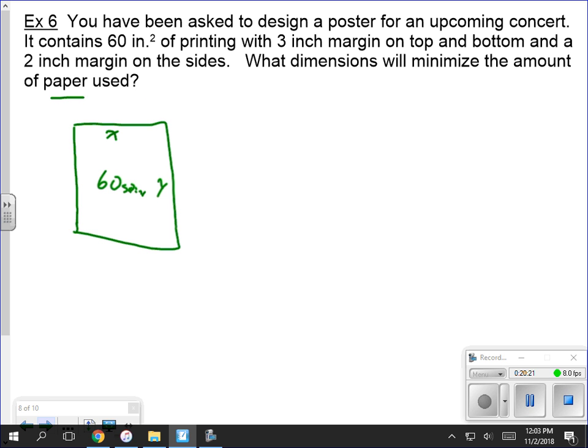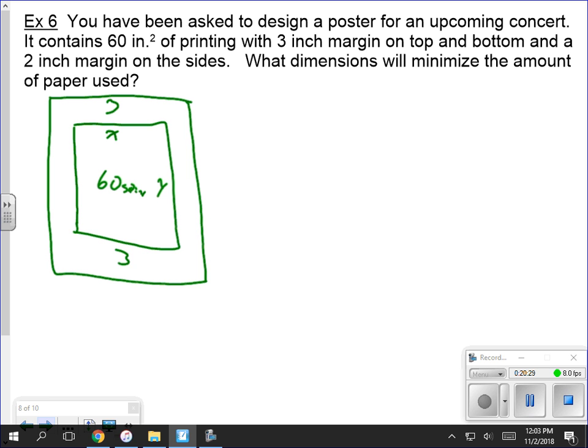And then I have a margin across the top and a margin down the sides. 3 inches, 3 inches, 2 inches, and 2 inches. What I wish to do is to minimize the area of the whole thing. Does that make sense?